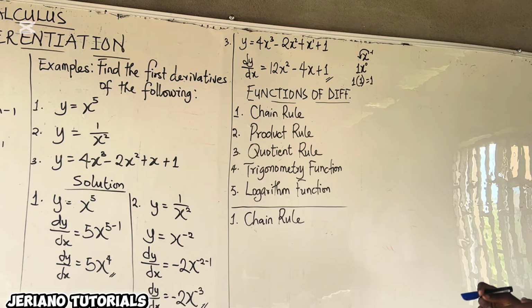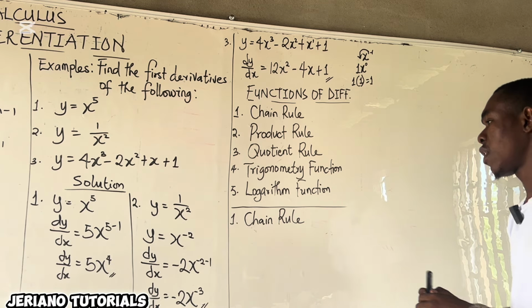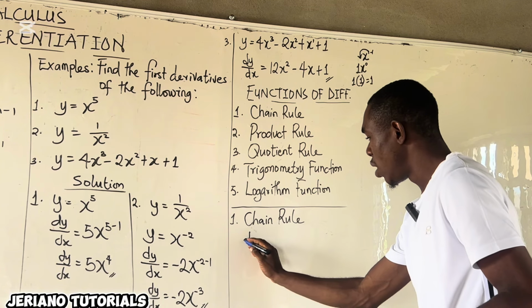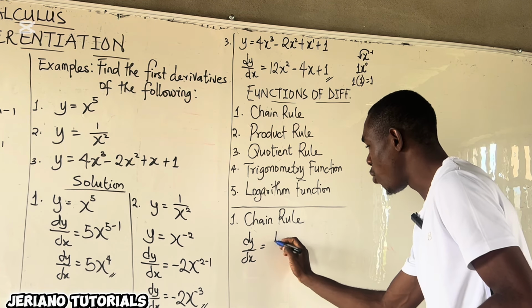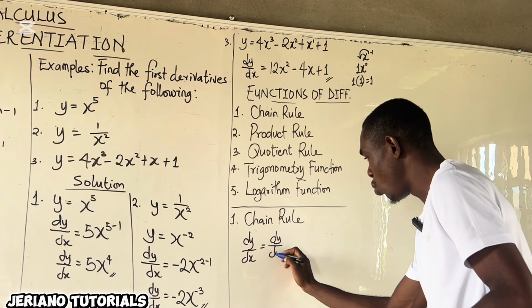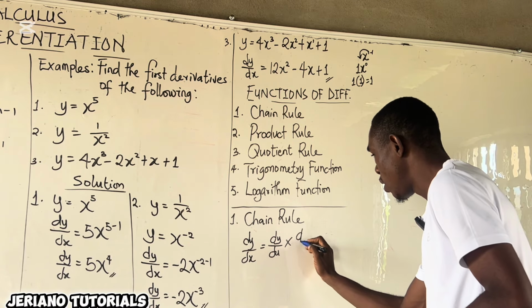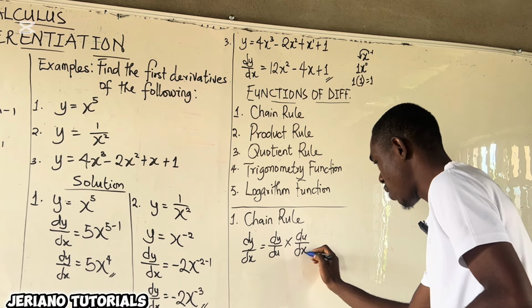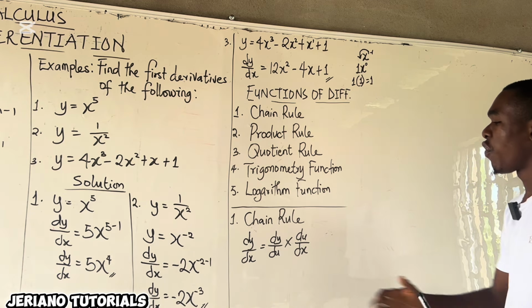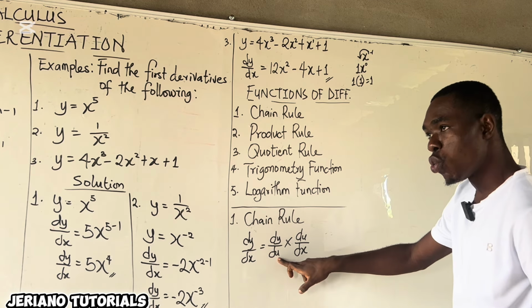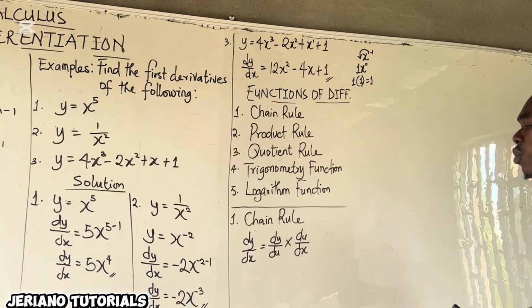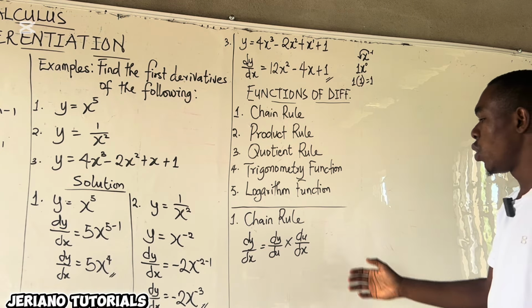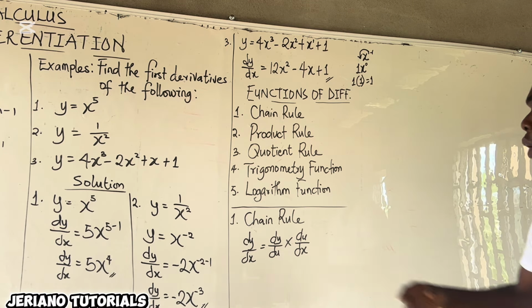For chain rule, dy/dx is not going to be straight. It's going to be dy/du times du/dx, whereby we find y in respect to u and then later u in respect to x.